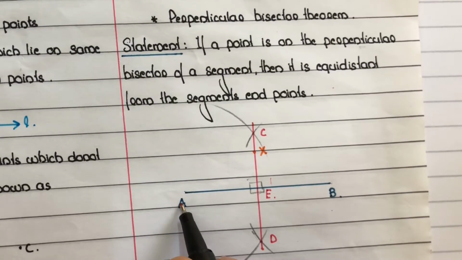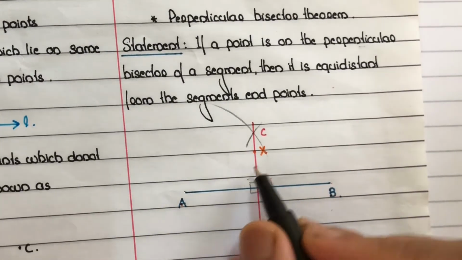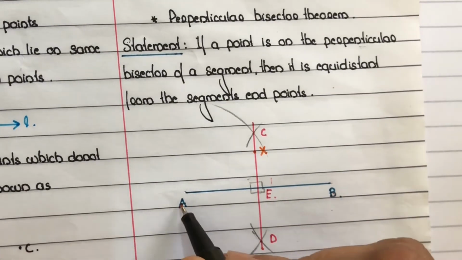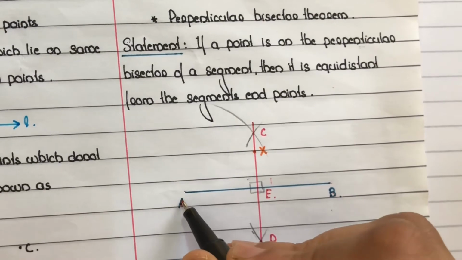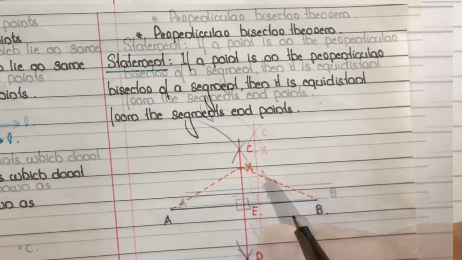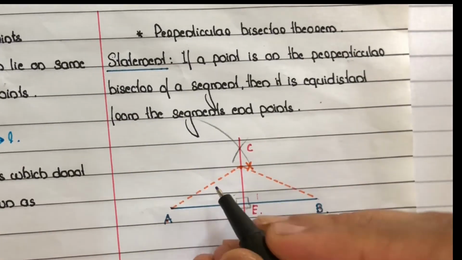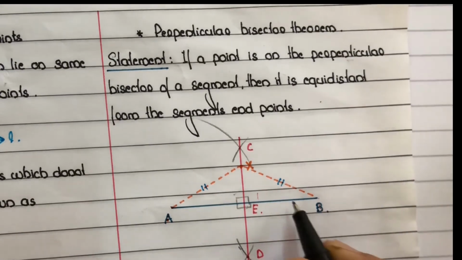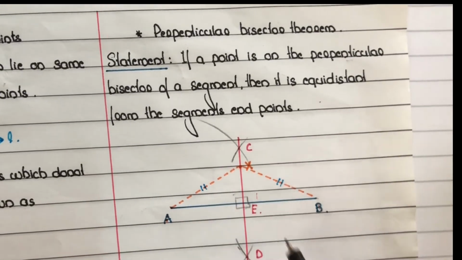Here endpoints are A and B. Then this point is equidistant from A and B, which implies this distance AX should be equal to BX. According to this theorem, AC should be equal to BC.